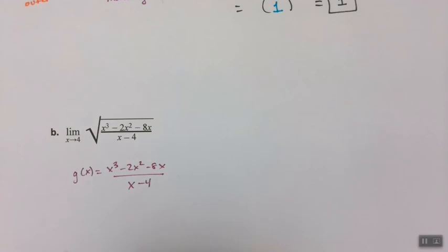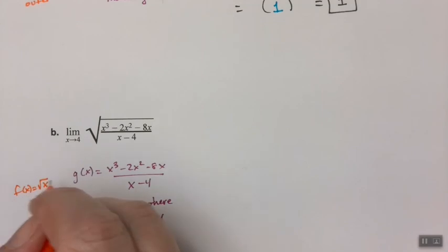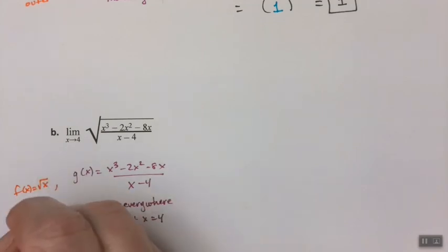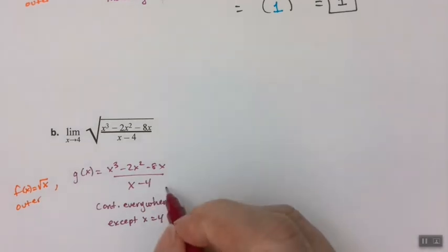And we can tell that that's continuous everywhere except at x equals 4, because 4 take away 4 is 0. Okay, and then f of x is equal to the square root of x, right? That's the outer function right here. And this is my inner function, g of x.